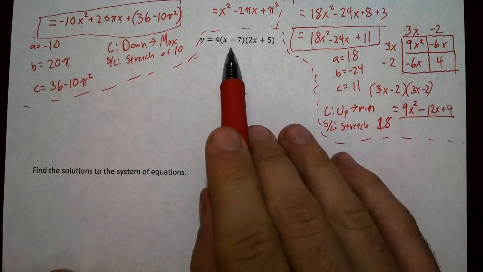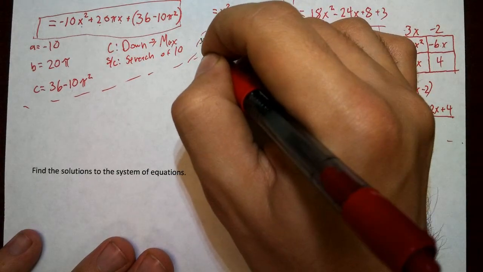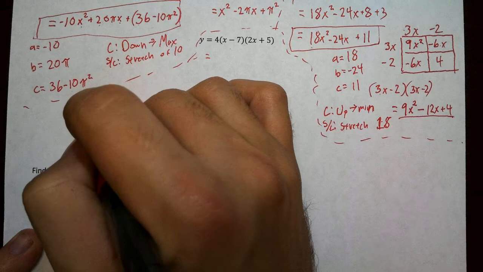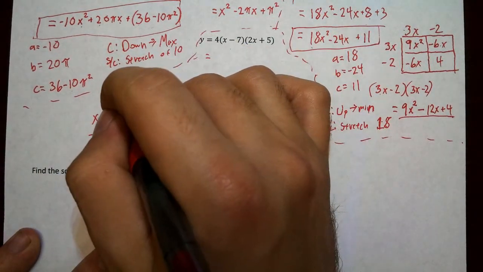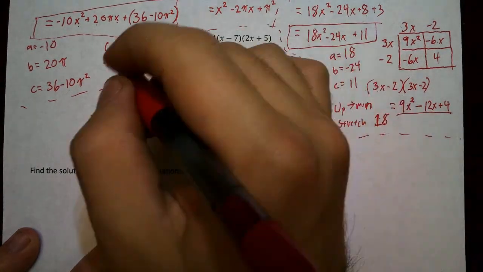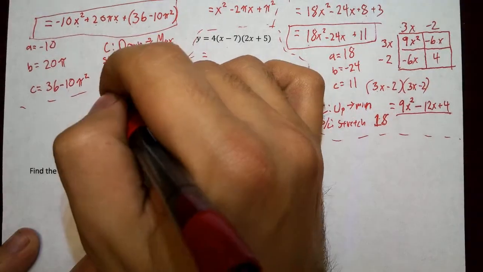Alright, so we still see that binomial multiplication that we can do. So let's go ahead and do that. Over here, I'm going to do my binomial multiplication using the box method because it is the best. FOIL method can suck it. And 2x plus 5.